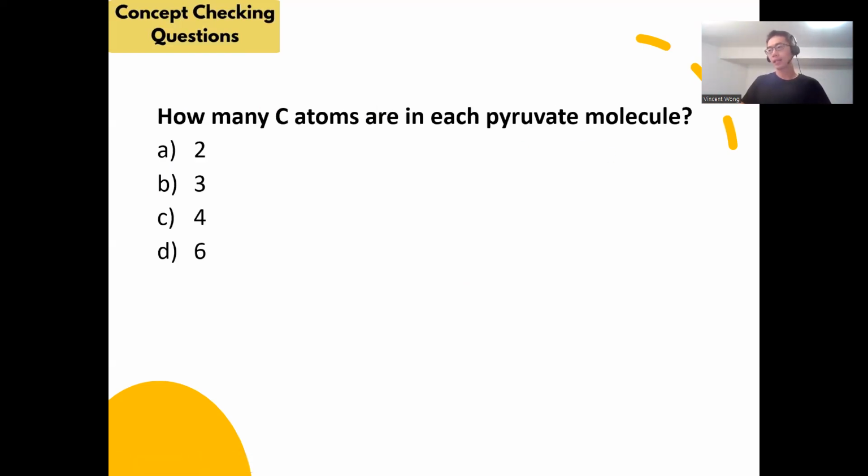This is another easy one. Let's see the question. It asks how many carbon atoms are in each pyruvate. Is it 2, 3, 4, or 6?